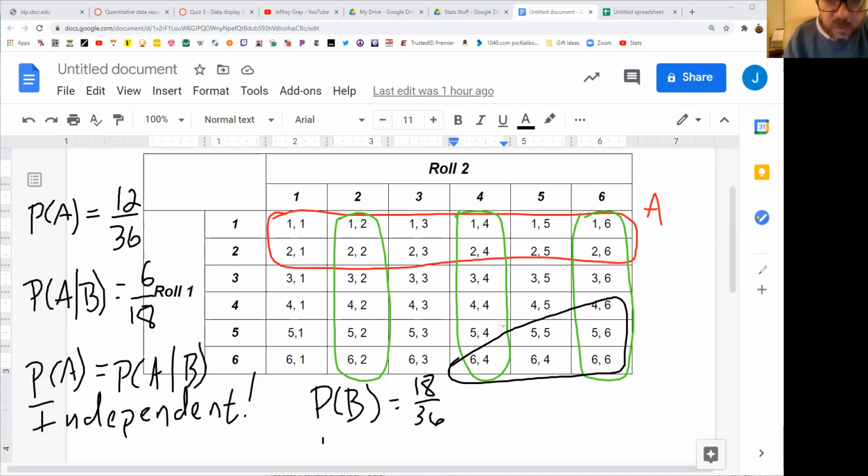And the probability of B given C was 4 out of 6, right? So if I restrict myself to just looking at C, there's only 6 outcomes. 4 of them are in B. So this is 4 out of 6. Those are not the same. Probability of B is a half, and probability of B given C is 2/3, right? So not the same number. So these are dependent.